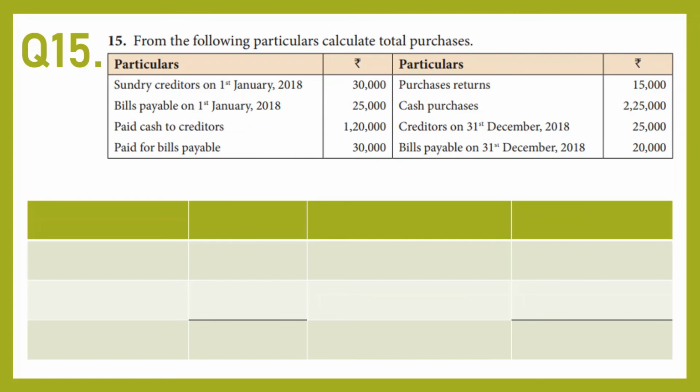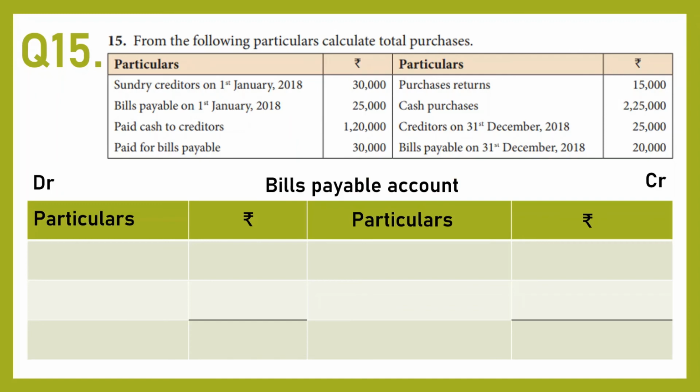So let us start with the bills payable account. On the bills payable account, what are the details that we have? We'll start with the opening balance. The opening balance is 25,000. And then we start with cash on the left side. How much is the cash that we have paid for the bills? It is 30,000.